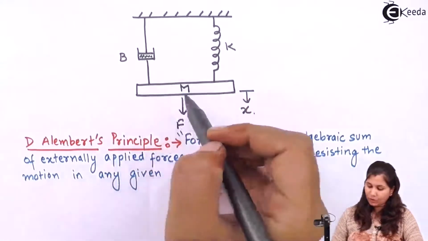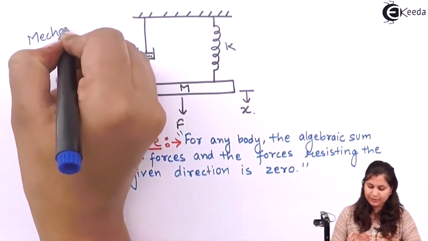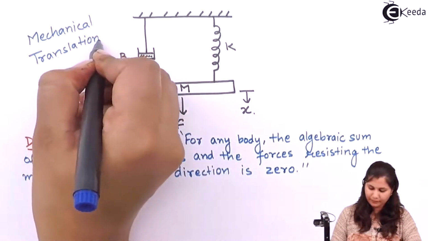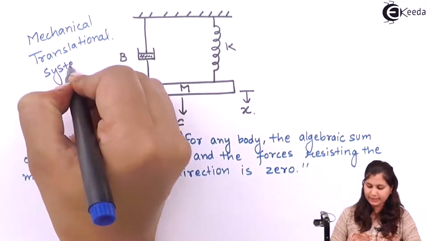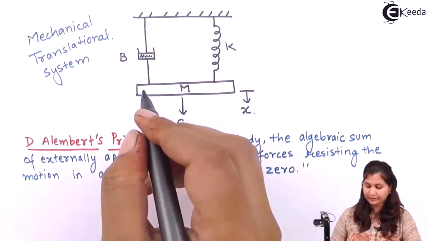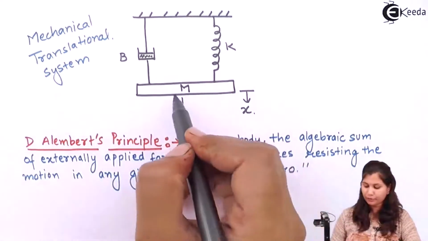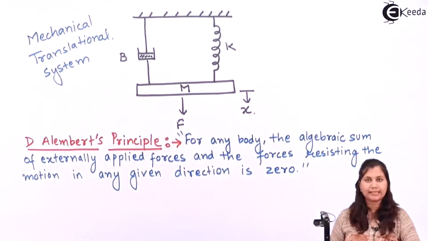So this mechanical translational system, the external force applied on this is F, and the internal forces which are resisting its motion are due to this mass element, due to the damper, and due to the spring.